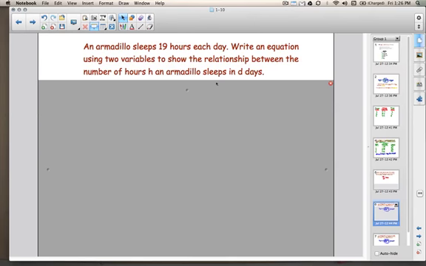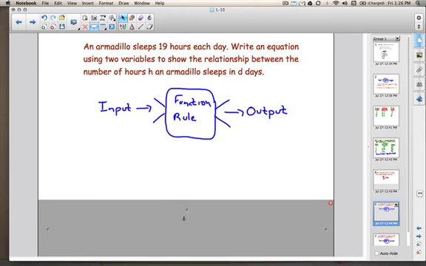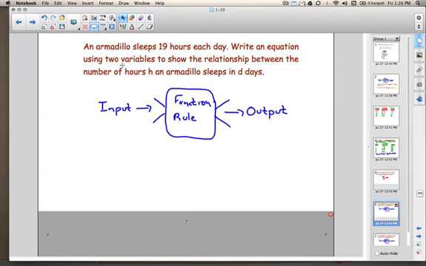We need to write an equation using two variables to show the relationship between the number of hours H an armadillo sleeps in D days. So basically, we need to figure out what the input is, what the output is, and what the function rule is, and we need to be able to write the relationship as an equation or as a function.